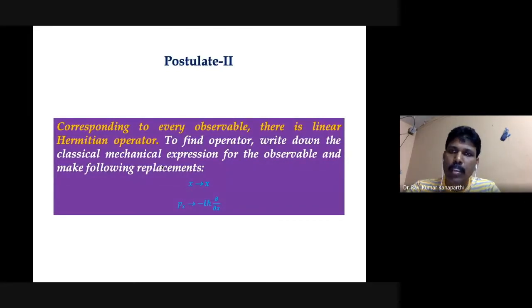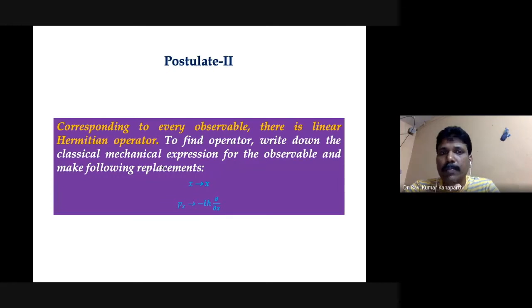Momentum is one observable, so it will have a Hermitian operator. Kinetic energy and total energy are observables, so each will have a Hermitian operator too. That is the first half of the second postulate.